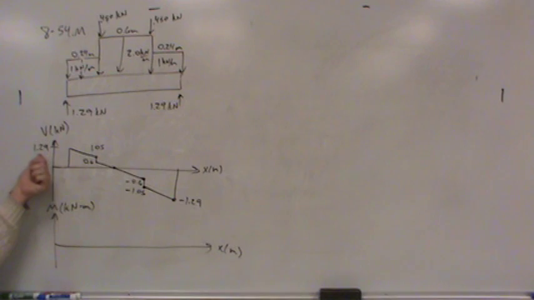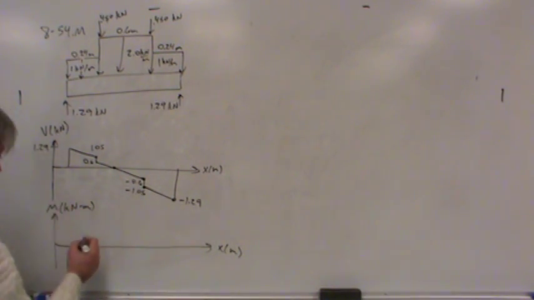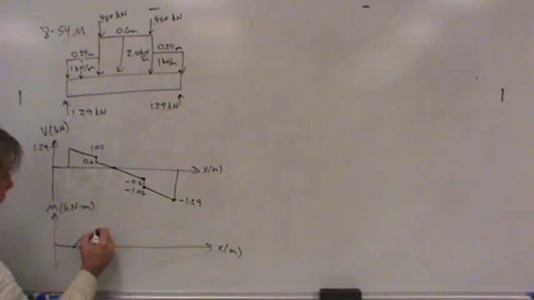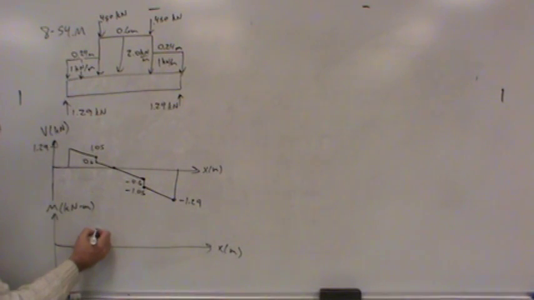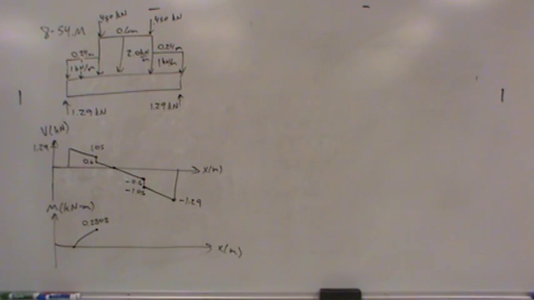How much moment do you get? We've got to start at 0 moment, and it's going to go up something like this. What's the magnitude of the moment here? 0.2808. That sounds reasonable. Anyone second that?